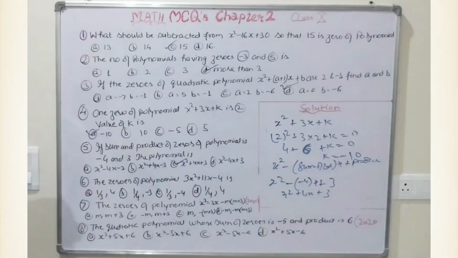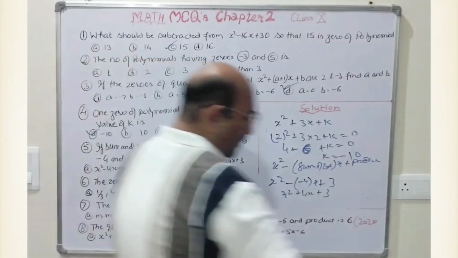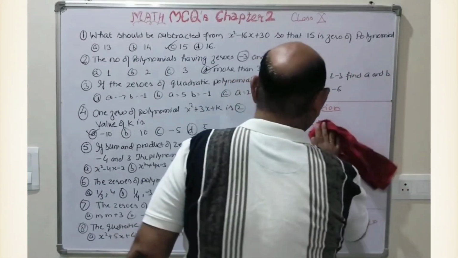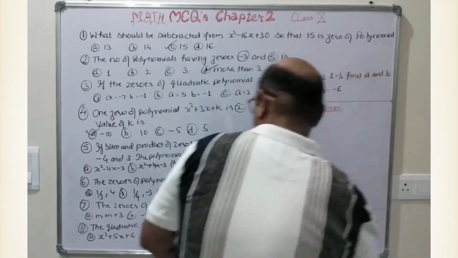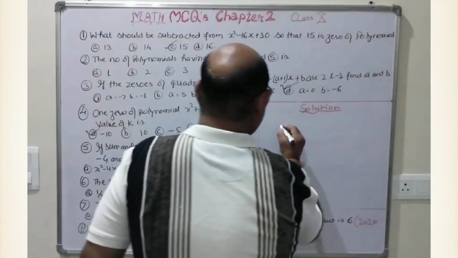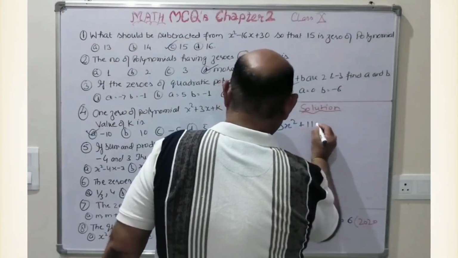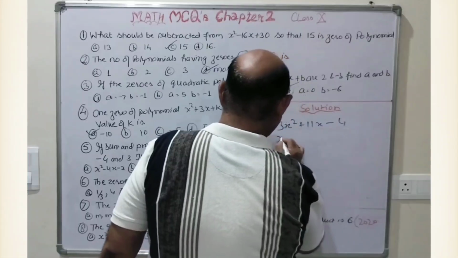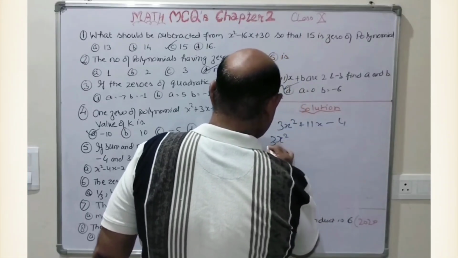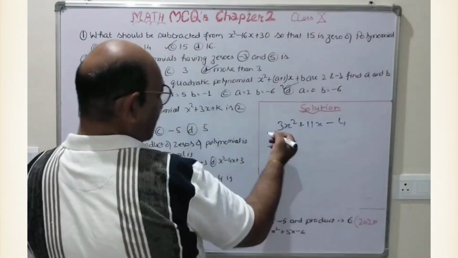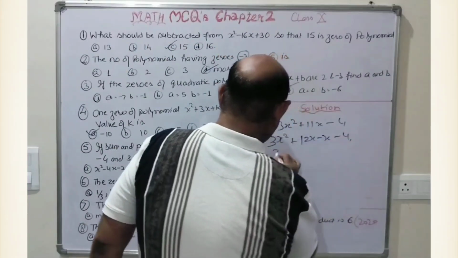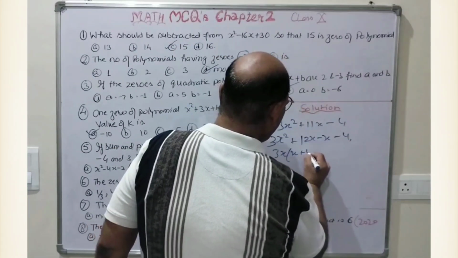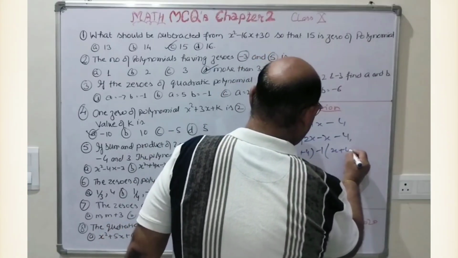That is the correct option. The zeros of polynomial 3x square plus 11x minus 4. तो इनकी zeros निकालने के लिए 3x square plus 11x minus 4, that is 3x square plus 12x minus x minus 4. 3x common, (x plus 4), minus 1 common, (x plus 4).